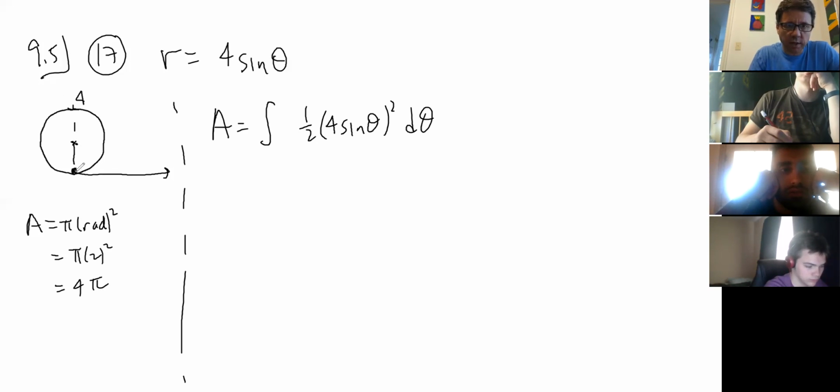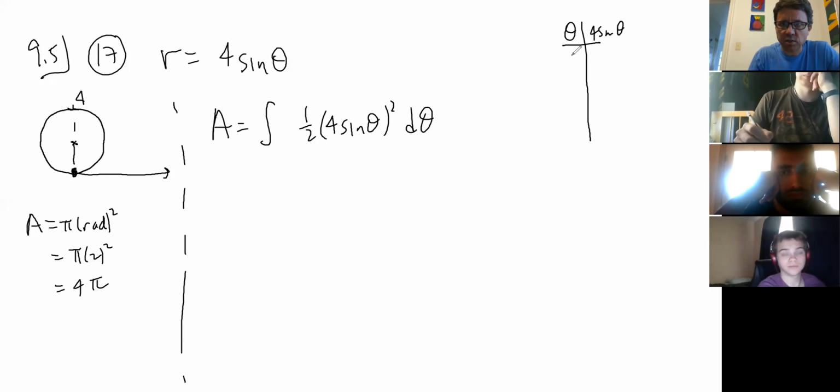Let's plug in a couple points. The function is 4 sine theta. When theta is 0, I get 0, so I start at the origin.